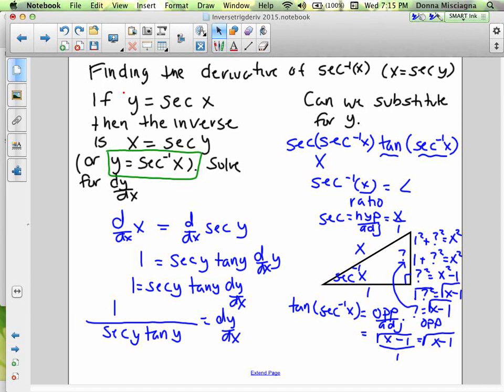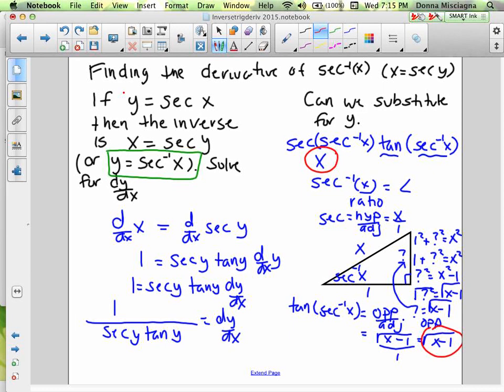Now we can make a replacement for our problem, secant y and tangent y. Now we know that the secant y is x, and the tangent y is the square root of x minus 1.